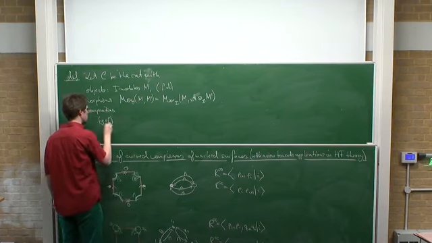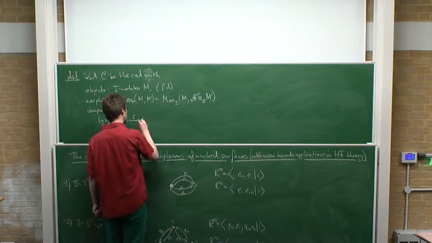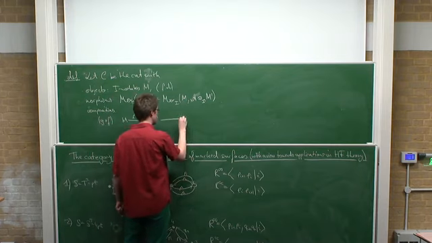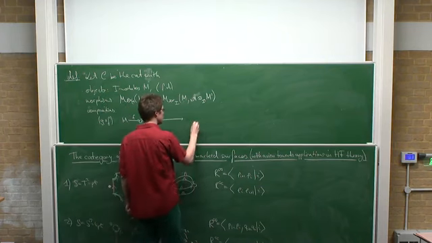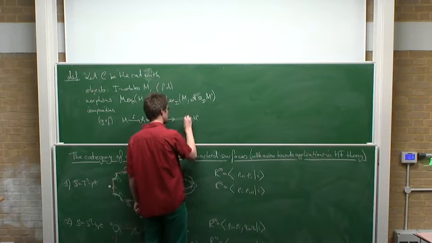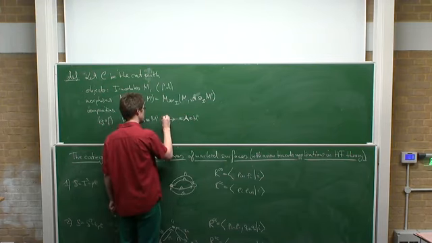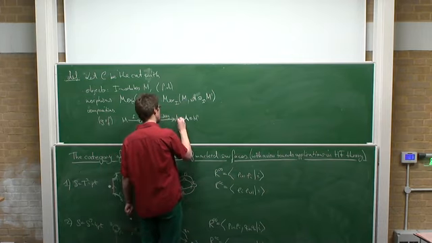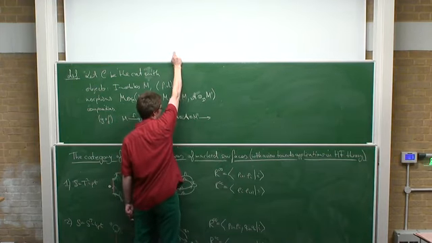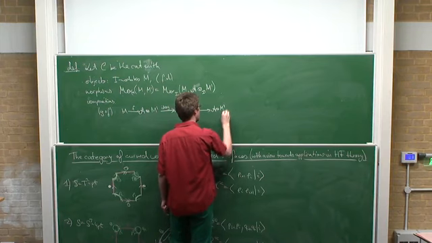If you compose G and F, say F goes from M to A tensor M prime, then G goes from M prime to maybe M double prime, and we take the identity on the first component, so identity tensor G. And then we just compose these two first components, A tensor M double prime.